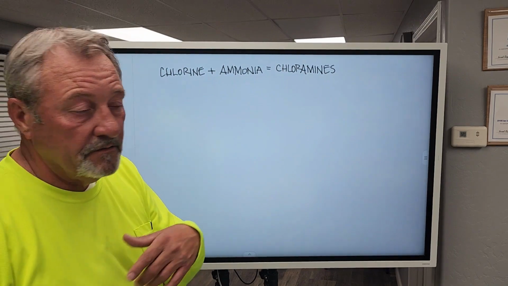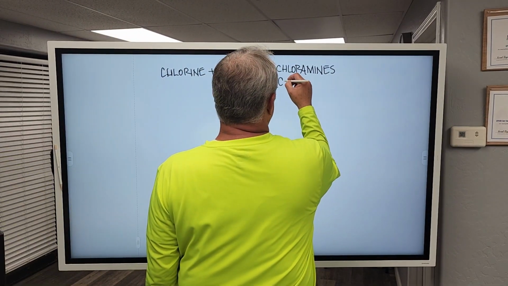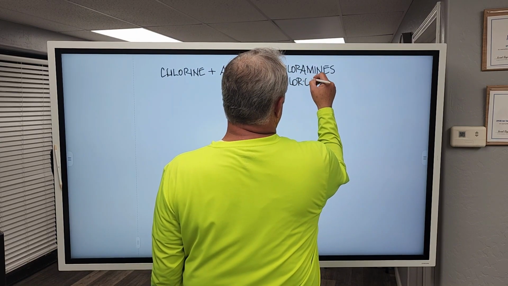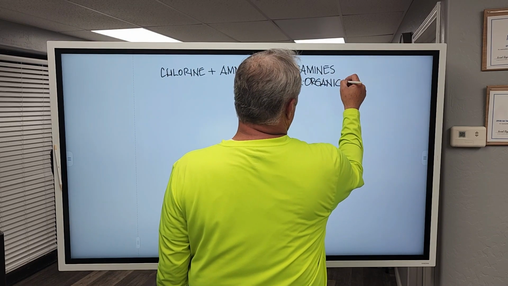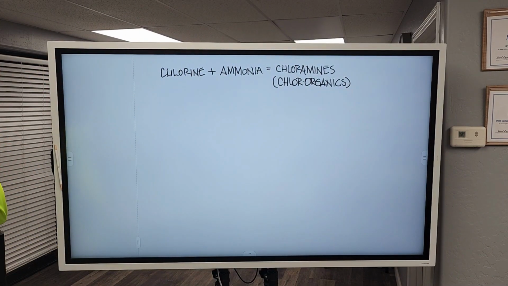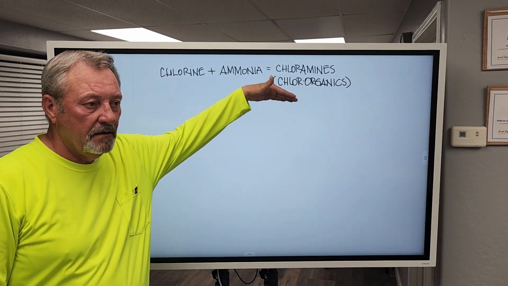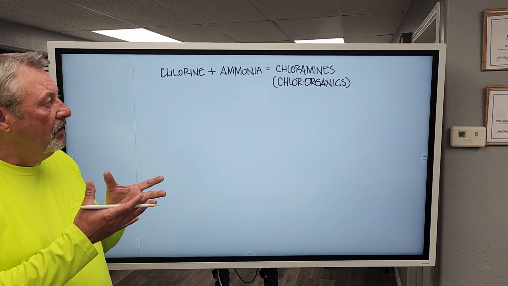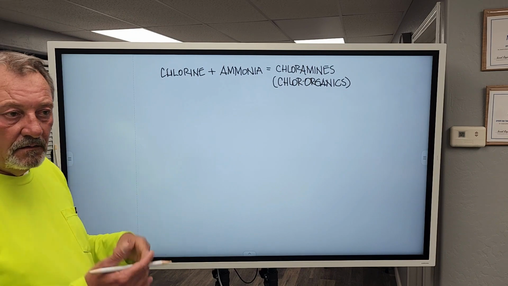Chloramines are also known as chlor-organics. Okay, so what we call these, they're called chloramines. They're also called chlor-organics.